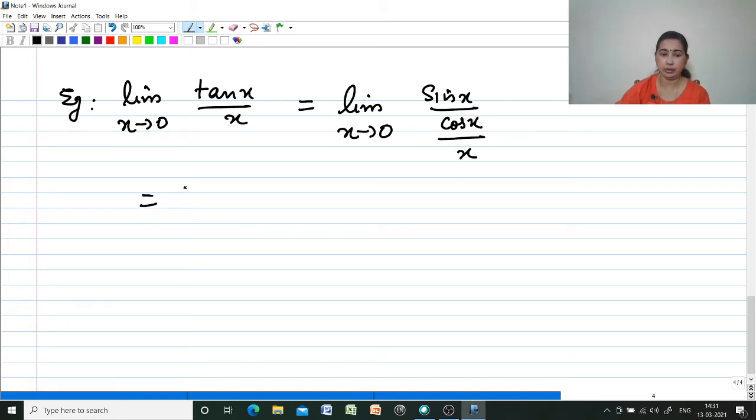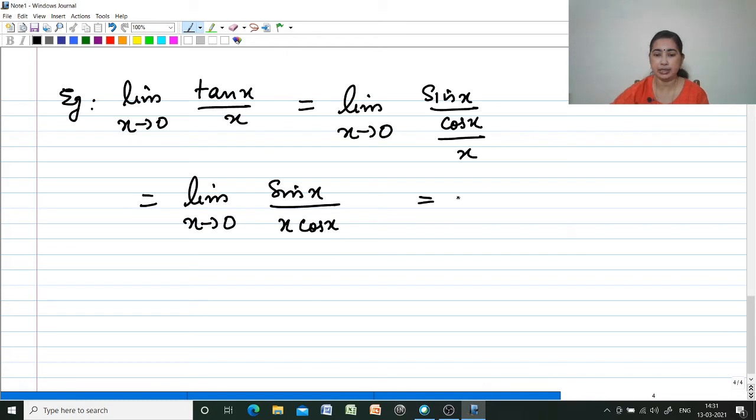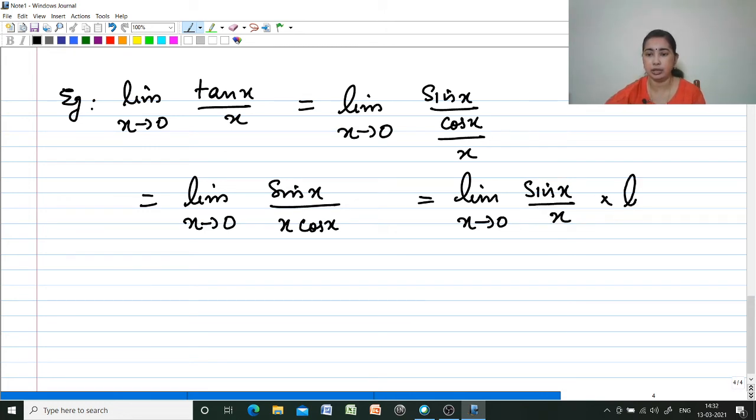That is equal to limit x tends to 0 sin x by x into cos x, both in the denominator. Or it is the same as limit x tends to 0 sin x by x into limit x tends to 0 1 by cos x.